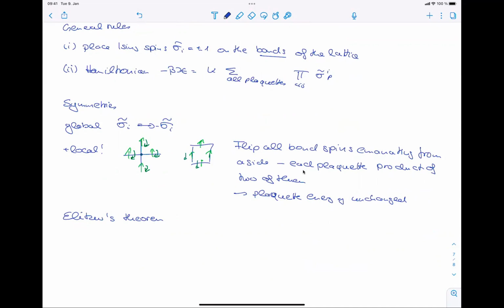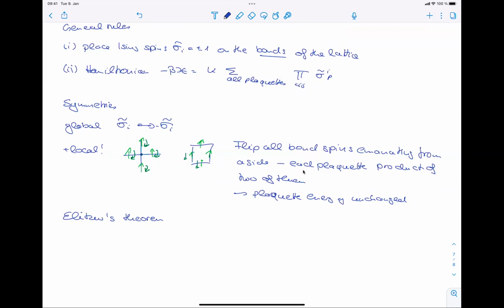So I can't have an ordered state if I have such a local symmetry, because obviously I can add disorder to my system by flipping spins, and it doesn't change the energy, right?